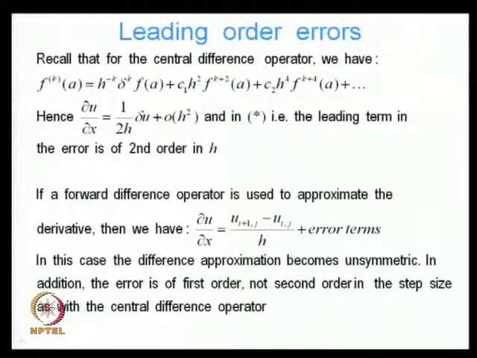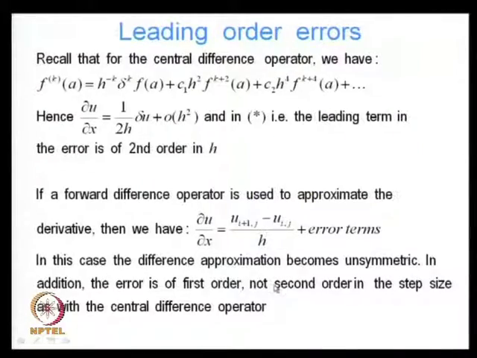So, in this case the difference approximation becomes unsymmetric about I, since it uses I plus 1 minus I.